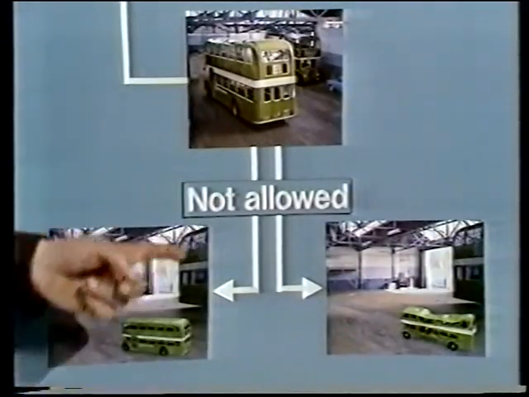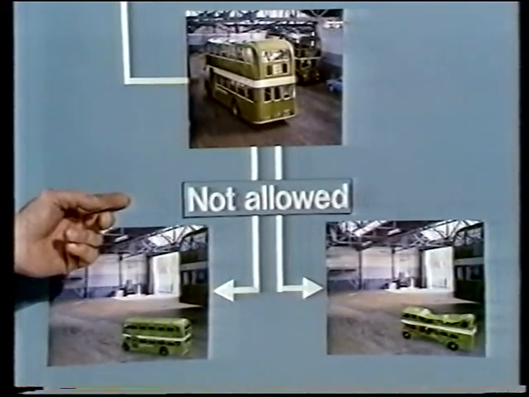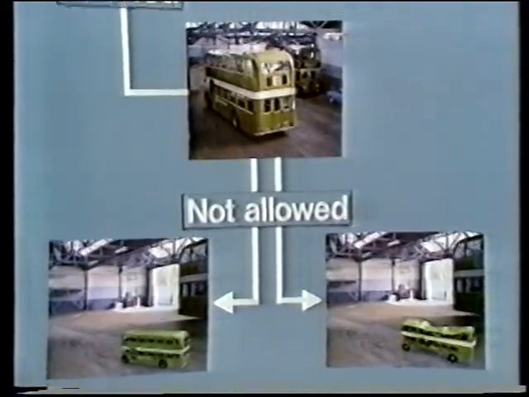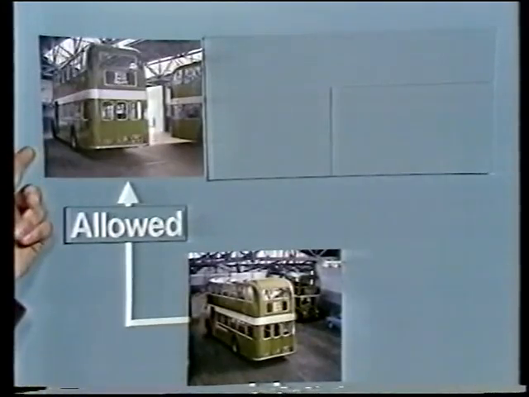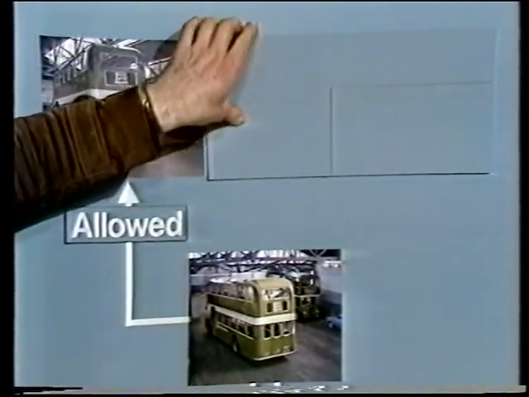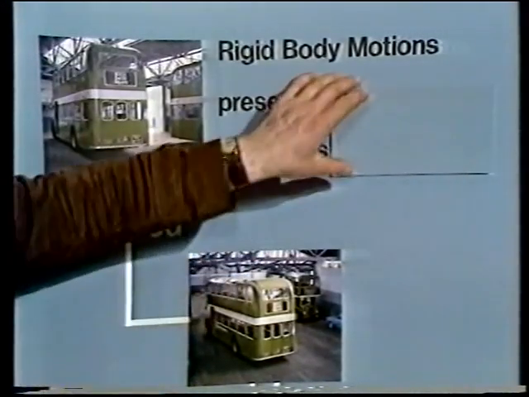Starting here and ending up like this, or like this, is just not allowed in ordinary space. And that's because we have in our mind an idea of which motions are allowed. They're the motions that don't alter an object in a fundamental way. Rigid body motions, which preserve distances. Well, the technical term for a function which preserves distance is an isometry.